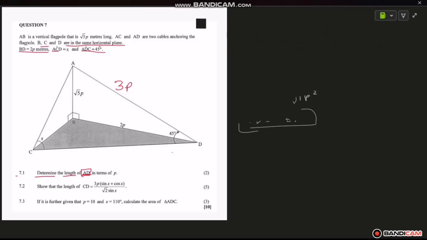Let's continue. So 7.2. Show that the length of CD is 3p open. This is CD, right? Meaning we'll be dealing with the entire triangle. Therefore, 3p sine x plus cos x over square root 2 sine x. This is CD, the one that they want us to determine or to show, to prove.